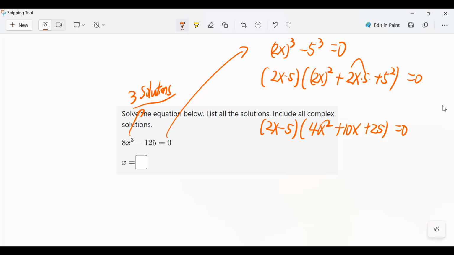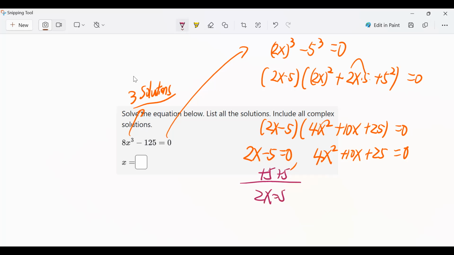However, two of them are complex solutions in this case. We will see that in a second, right? So we have one real solution, set that equal to 0, and 2 complex solutions. Here we get 2x equals 5, and x equals 5 over 2. This is a real solution.